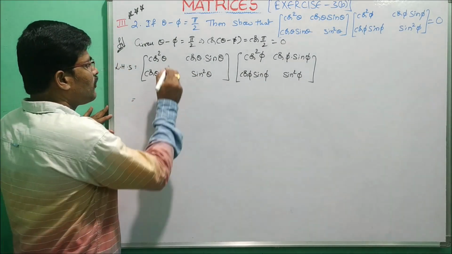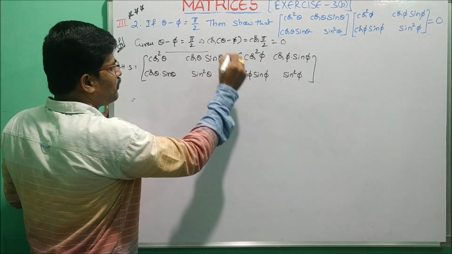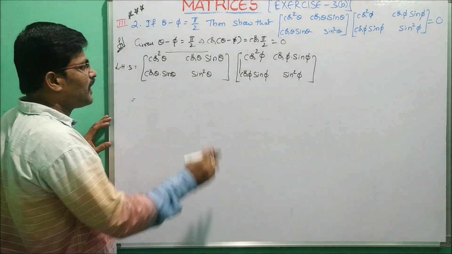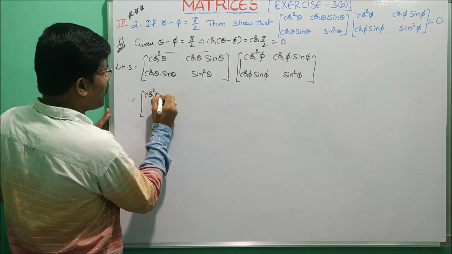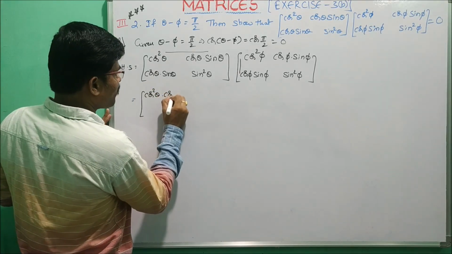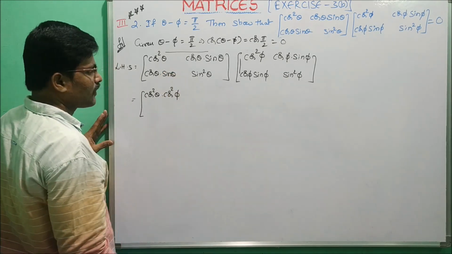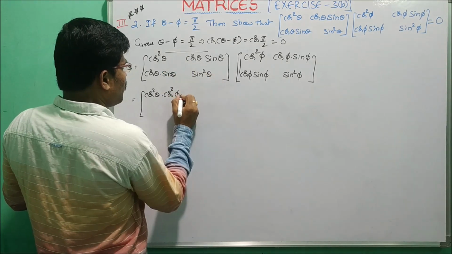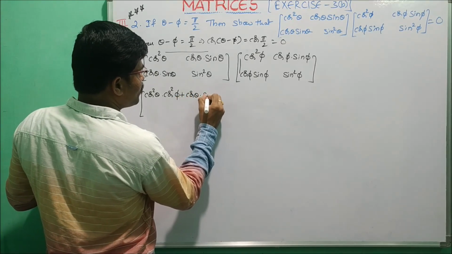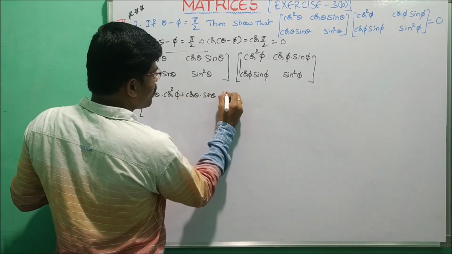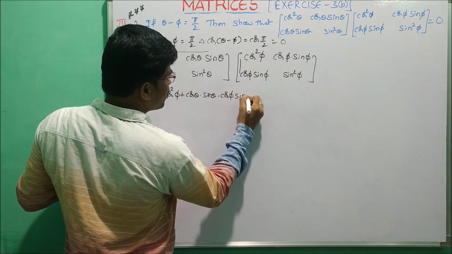So now we take first row, first column of the corresponding matrices. That is cos square theta into cos square phi plus cos theta into sin theta into cos phi sin phi.